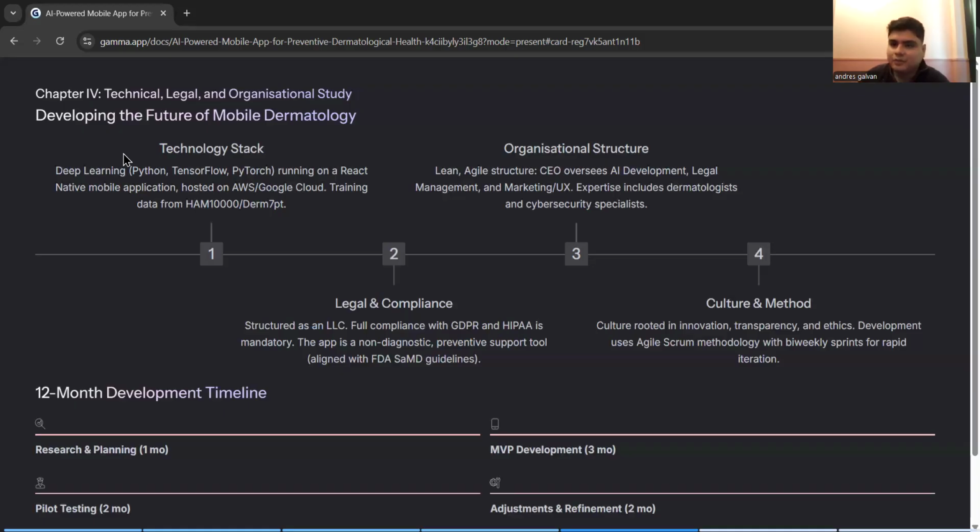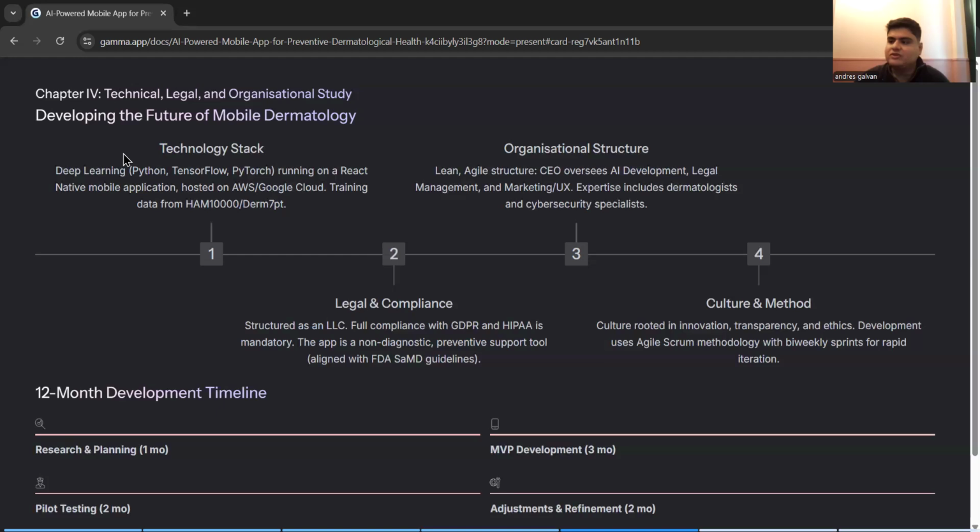The legal management will be the lawyers and people who provide ethical advisory, because we are talking about data protection. That is something people need to be aware of, because this information is very sensitive.